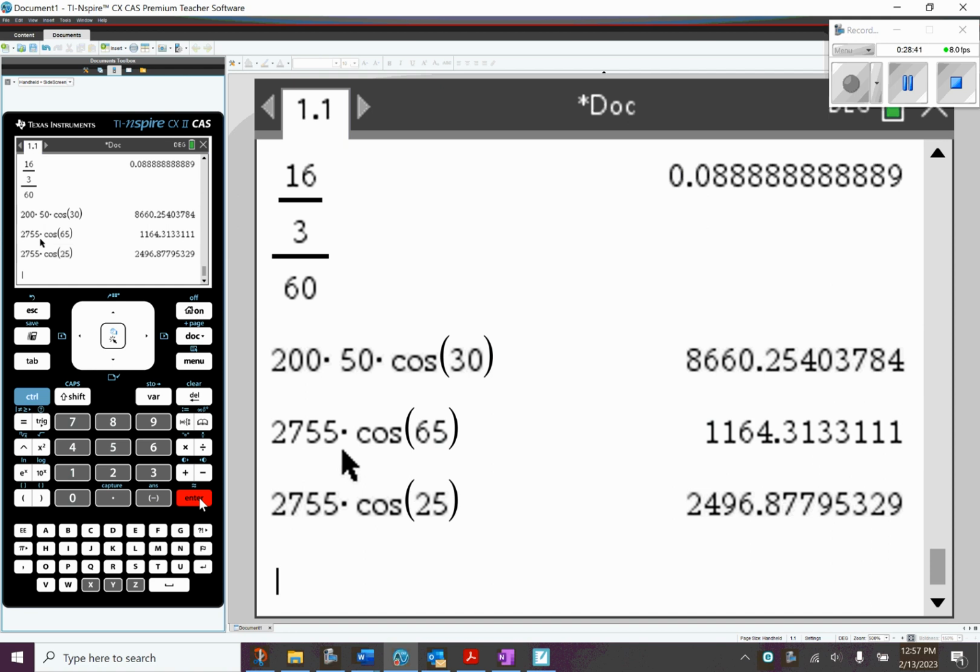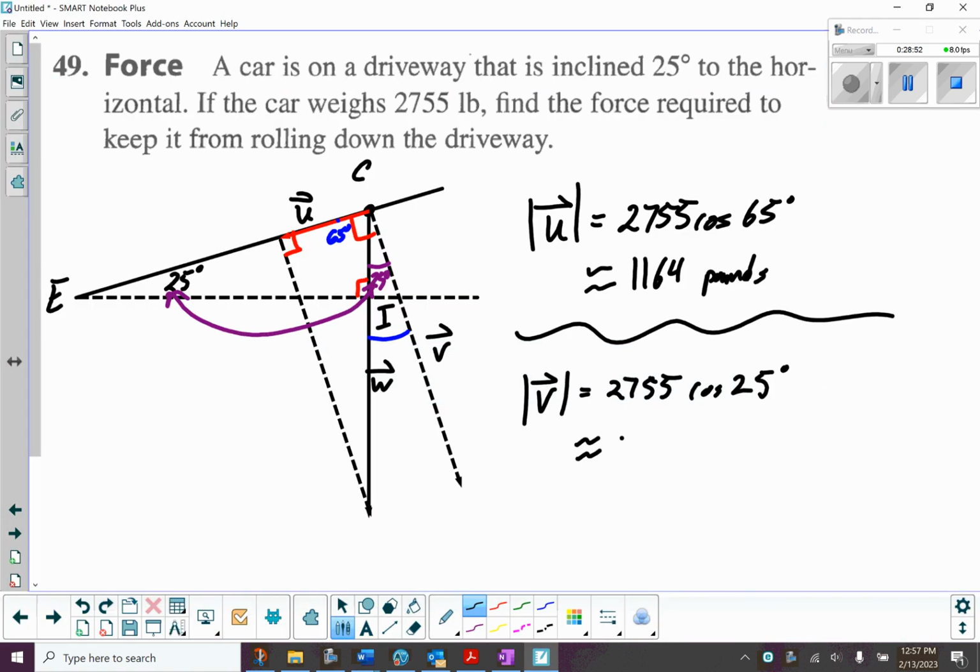If we round this off to the nearest pound of force, that'll be 2497, approximately.